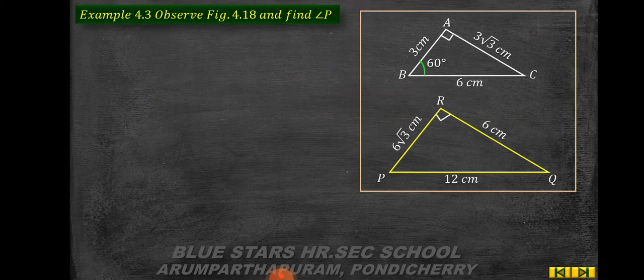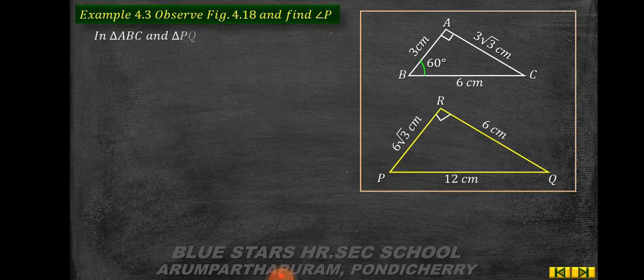Next one is example 4.3. Observe figure 4.18 and find angle P. So here in the given figure, you have two triangles ABC and PQR with respective measurements given.